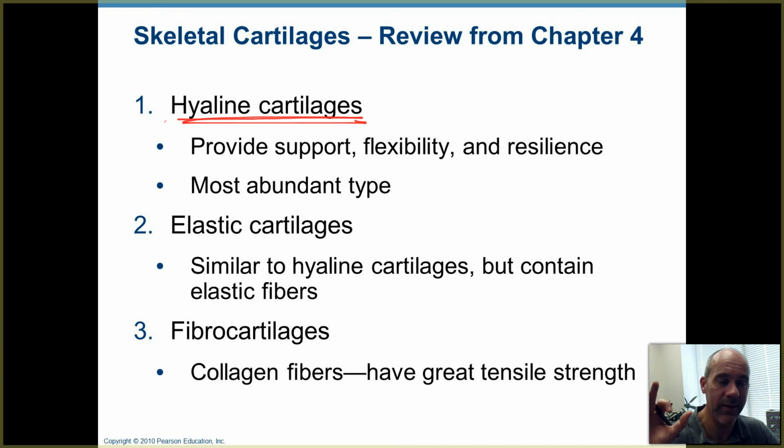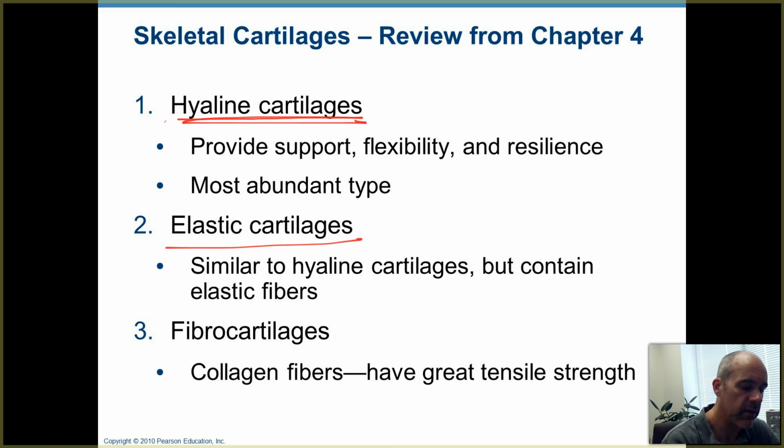That would not be too good for your skeletal system health. So hyaline cartilages, because they're a little squishier, contain more fluid than osseous bone tissue does. That helps provide some resilience there. And hyaline cartilages are the most abundant type. You have those on the ends of your long bones, as we've seen.